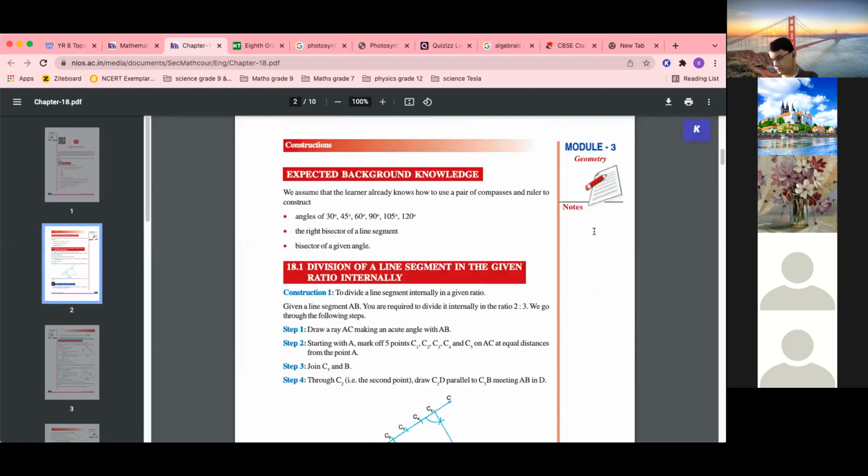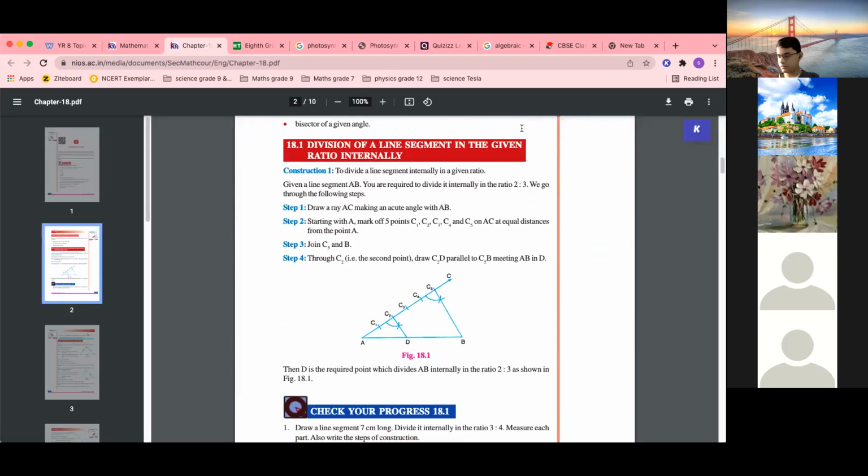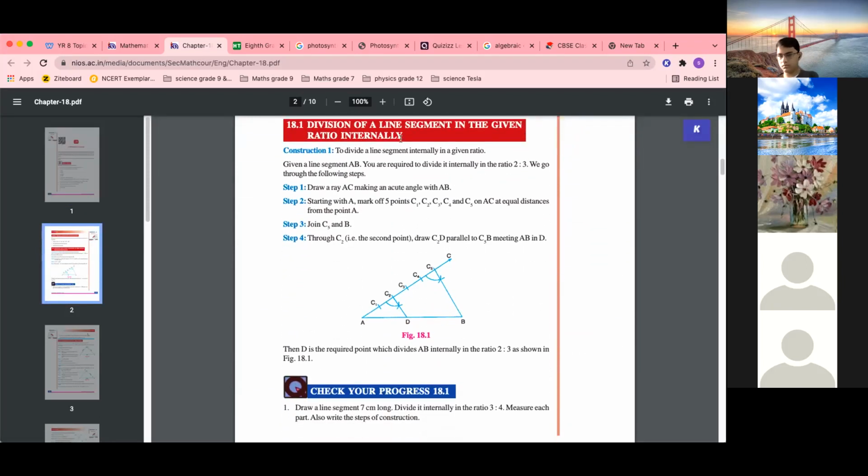So first is division of a line segment in the given ratio internally. Means a particular line is given and it will be asked that you have to divide the line internally in a particular ratio. You have done questions in coordinate geometry also.